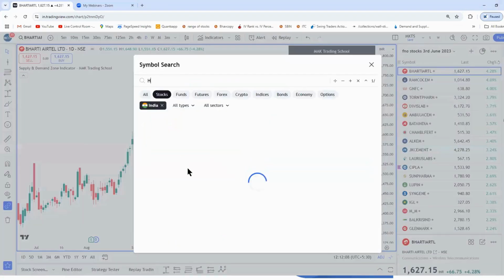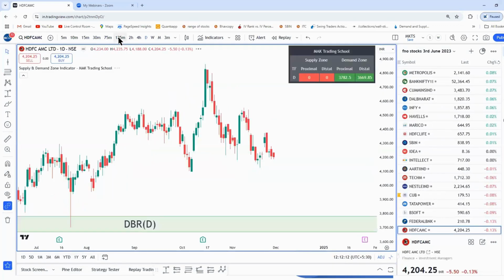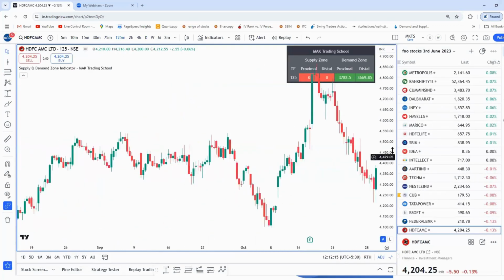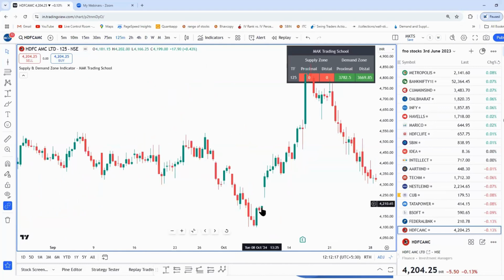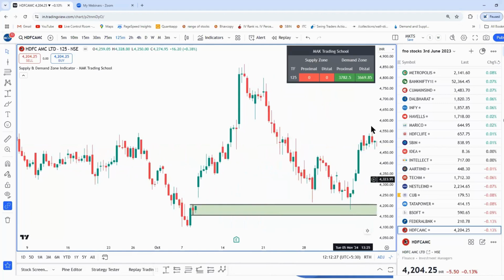Another good trade was HDFC AMC. It was a 125-minute time frame trade. Can you see this rally, base rally with a gap? Demand zone. Price came back into demand. Solid move out.